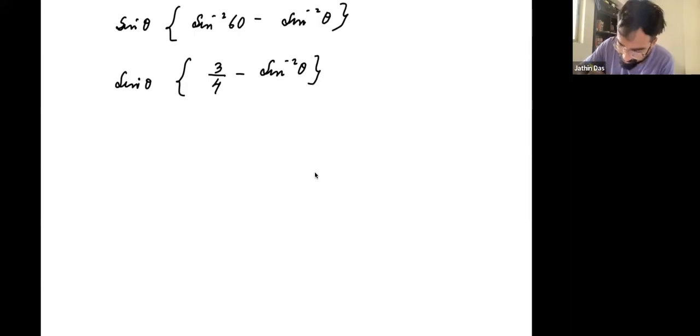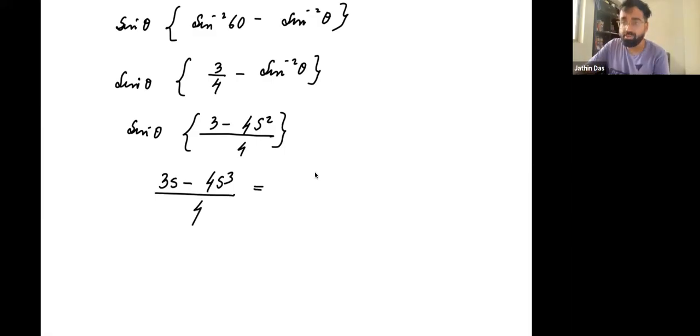Then I'm taking LCM. Then I'm multiplying the sine inside. Have you seen the numerator, sine somewhere? Sine 3 theta. Yeah. Sine 3 theta by 4. Okay.